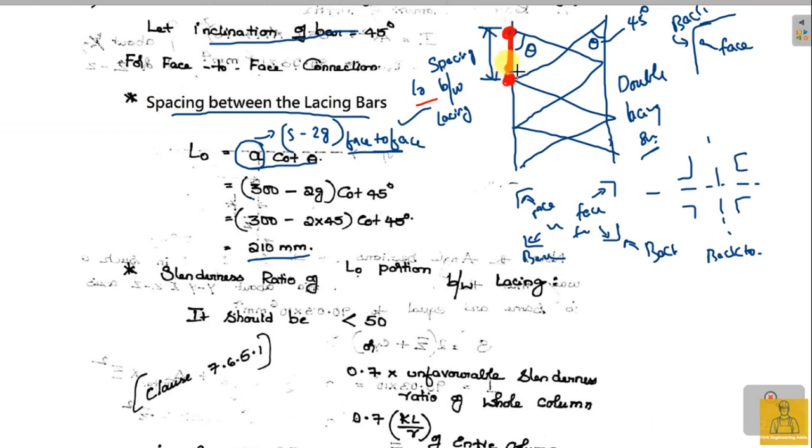Because of the load, this portion L naught of the angle section has a chance of buckling failure. So you have to check whether this portion of the angle section between the lacing bars is going to buckle or not. It is very easy to find out. Let me go through that.